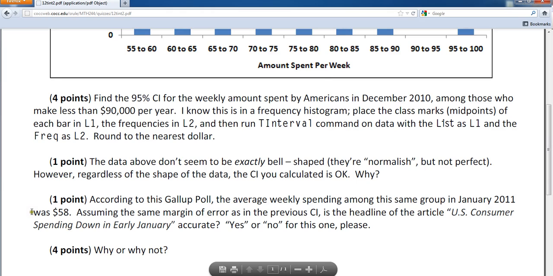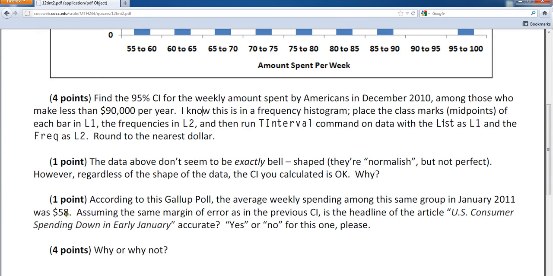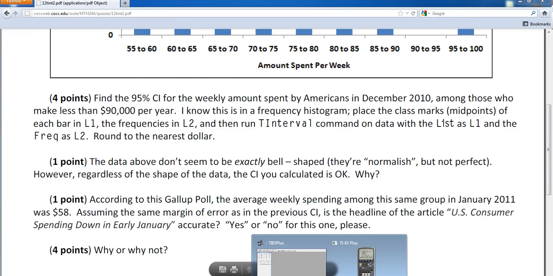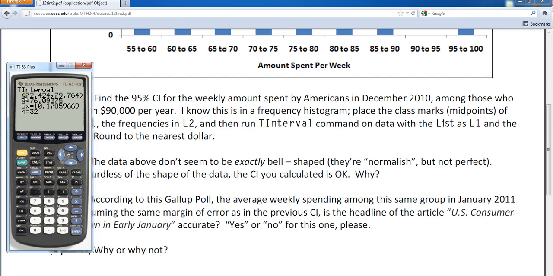Why or why not? Because if you take the $58 and apply a margin of error, and what margin of error to use? Why not just use the $4 from the previous one? Even if you add $4 to 58, it's at 62. Well, looking back to our TI, 62 is still $10 below the lowest point of the T interval from December.